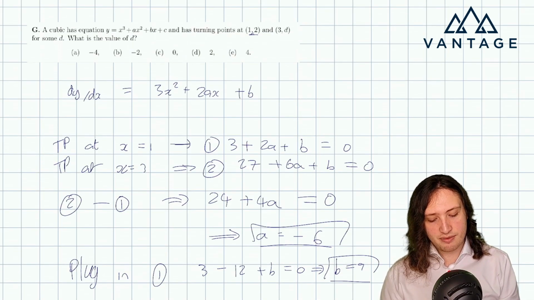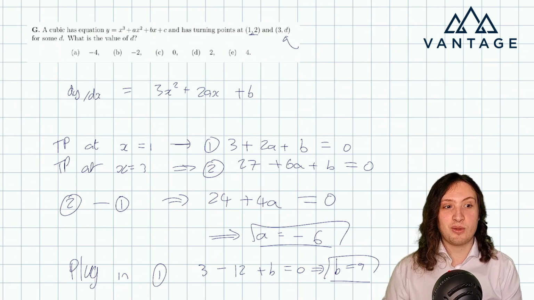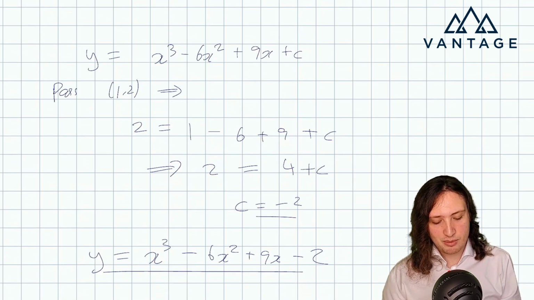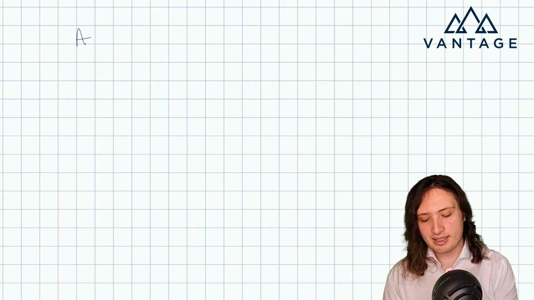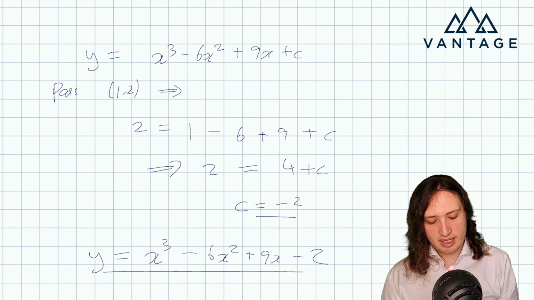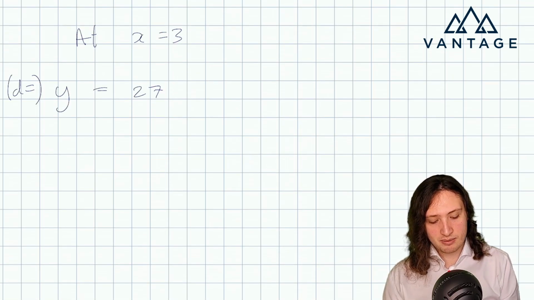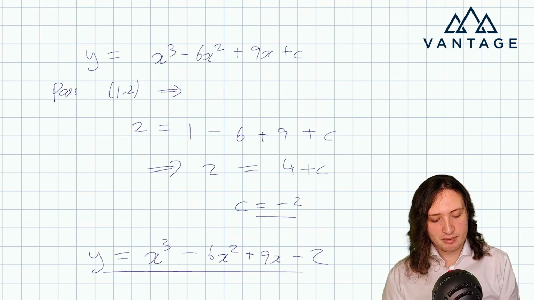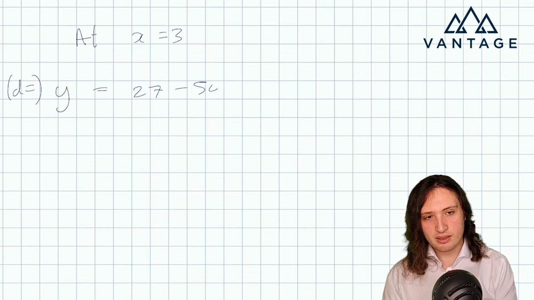And what do we actually need to find? We need to find the y-coordinate at x equals 3. Well, that should be nice and easy now because we know exactly what the cubic is. So at x equals 3, we get y, which is of course d, is given by 3 cubed, which is 27, minus 6 times 3 squared, so that's 6 times 9, which is 54.